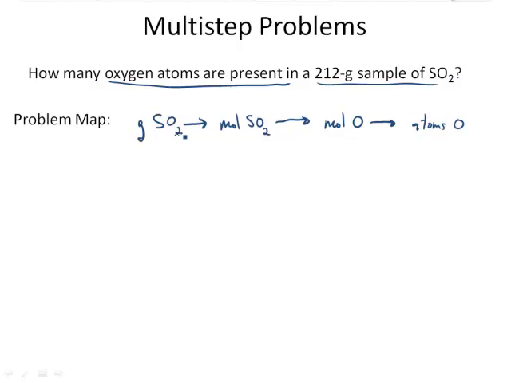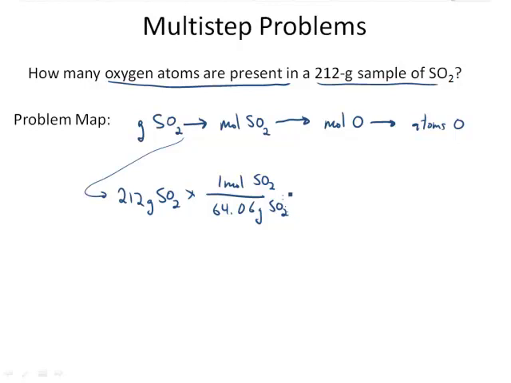So this first step here would be 212 grams of SO2, which we just did a minute ago, times 1 mole of SO2 divided by 64.06 grams of SO2, and that would give us 3.31 moles of SO2. Then what we do is we take 3.31 moles of SO2 and we convert that to moles of oxygen.